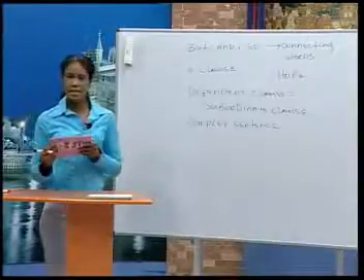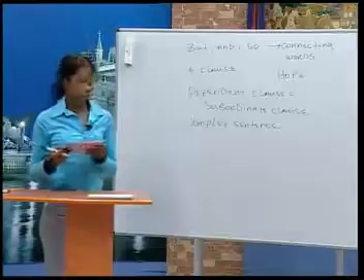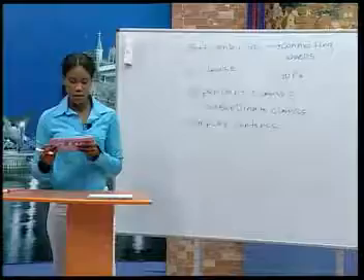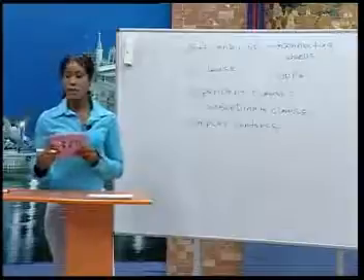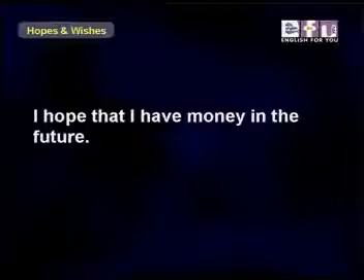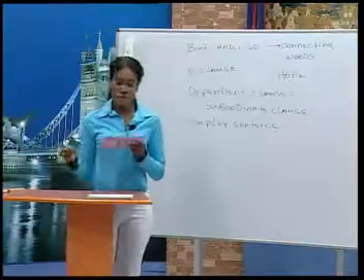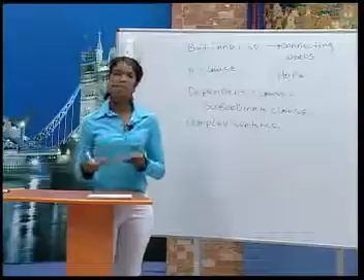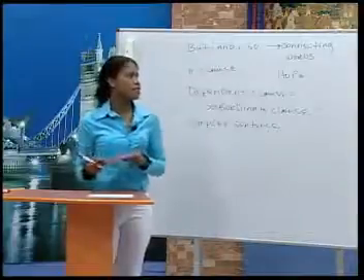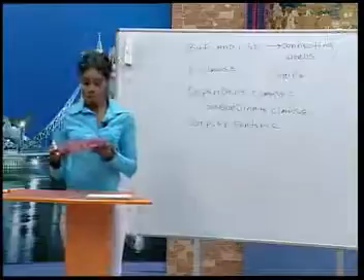Now, in the first sentence, we have two parts. First part is I hope. Second part, I have money in the future. Okay, we can also write it like this. I hope that I have money in the future. This part, that I have money in the future, is the dependent clause, and it's also the object of the verb hope.